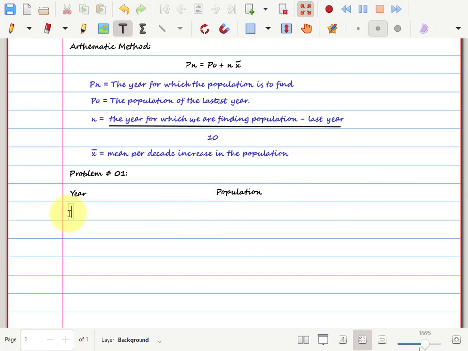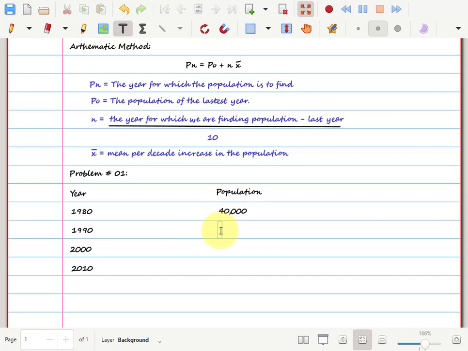Years are 1980, 1990, 2000 and 2010. And the population for each year is, in 1980 the population is 40,000.